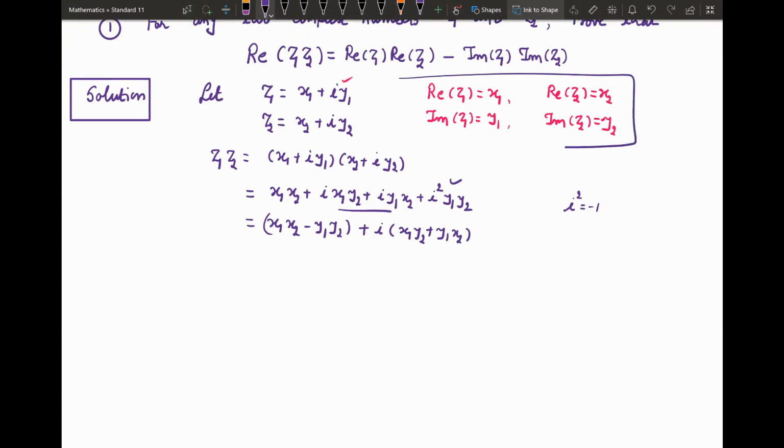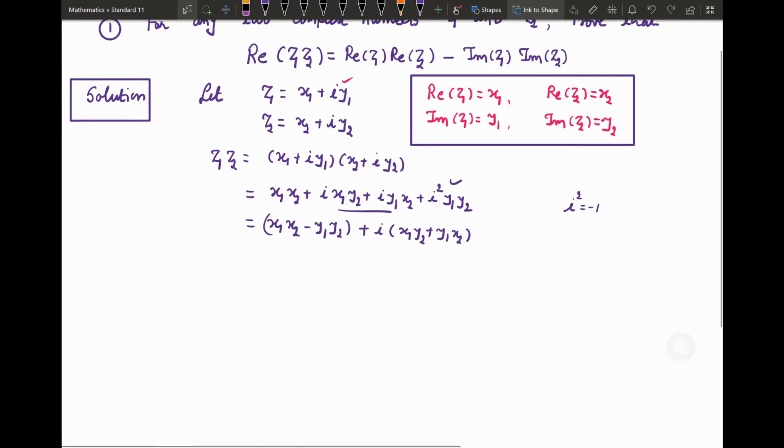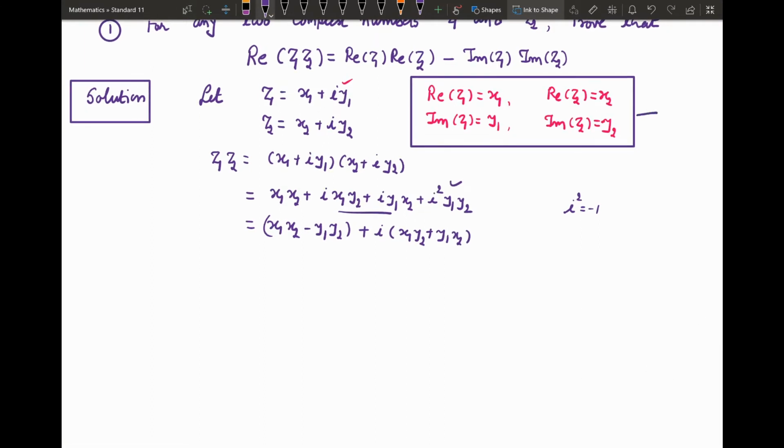Here these are the real and imaginary parts of Z1 and Z2. Say result number 1.